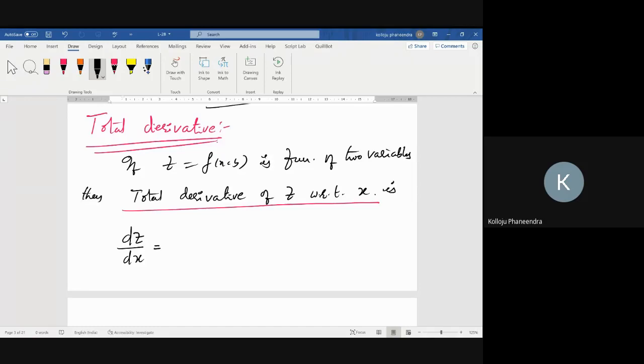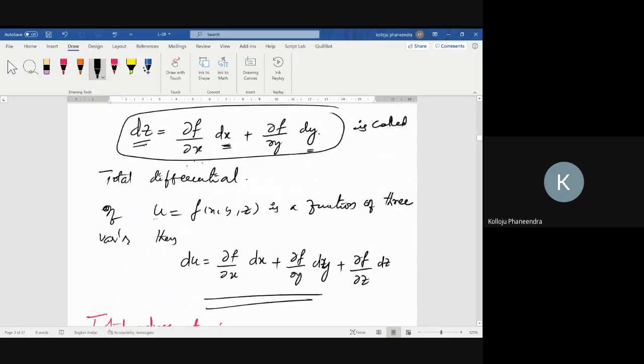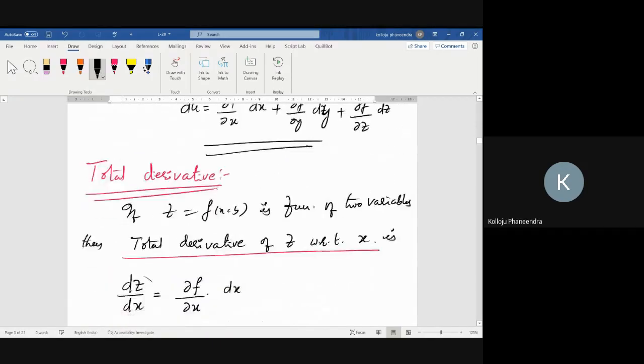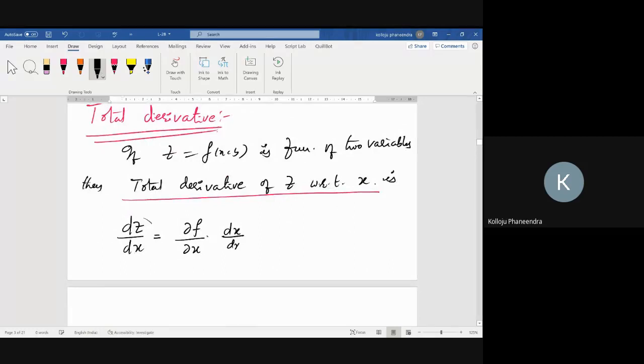equal to, first f is a function of, I can write, dou f by dou x into dx. Actually dz we already know the value, now divided by dx throughout, then dx by dx, you will get here dou f by dou y into dy by dx.